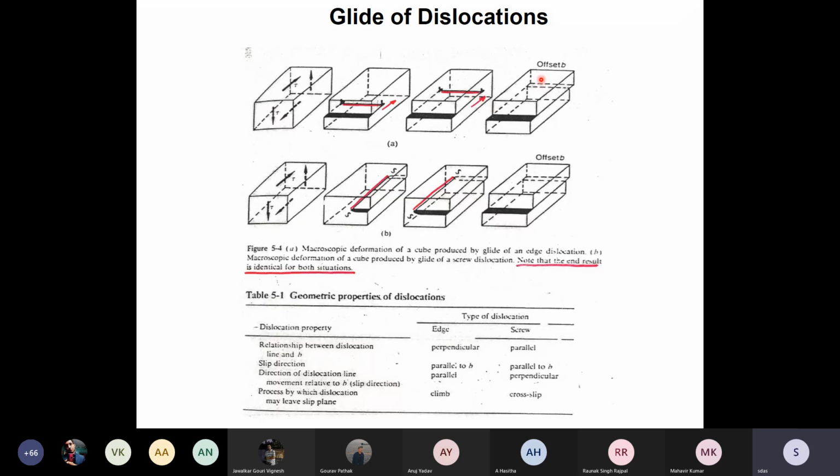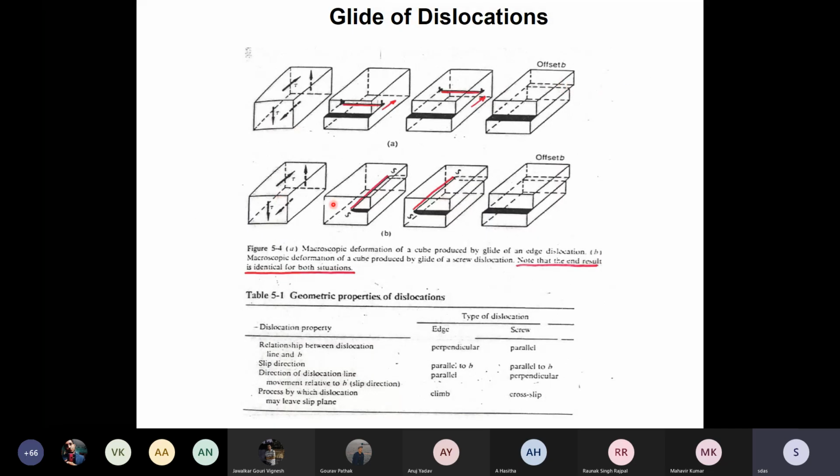If you move 1000 edge dislocations, the magnitude will be 1000 times the Burgers vector. So this is the slip plane on which the dislocation moves or glides, or slips. This is the slip plane, this is the slip direction, and this entire phenomenon is called slip.